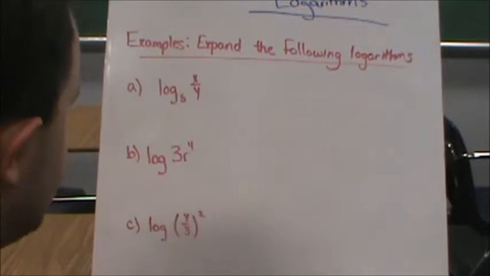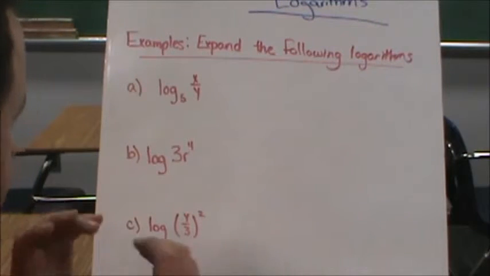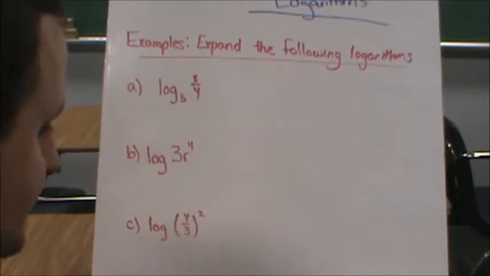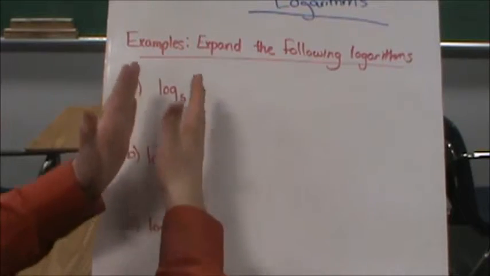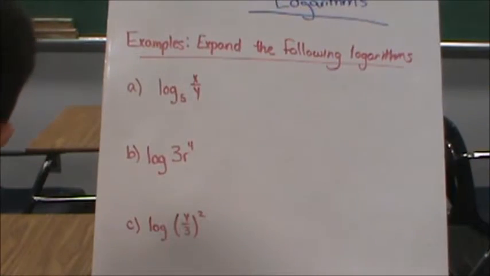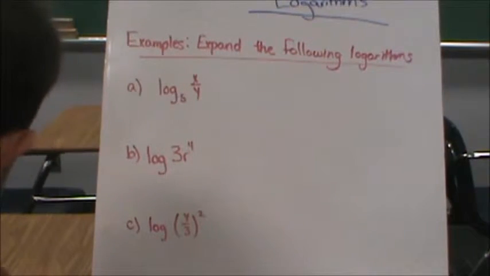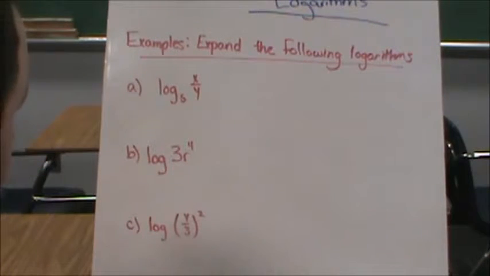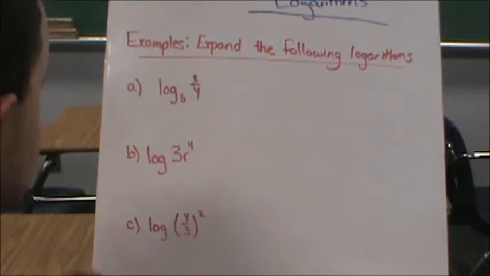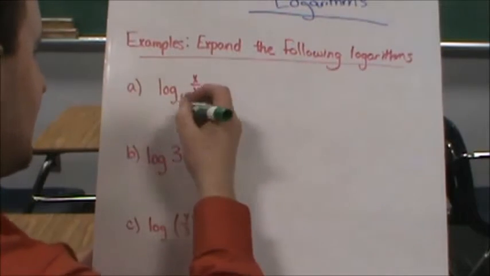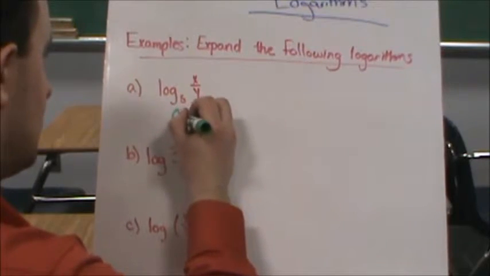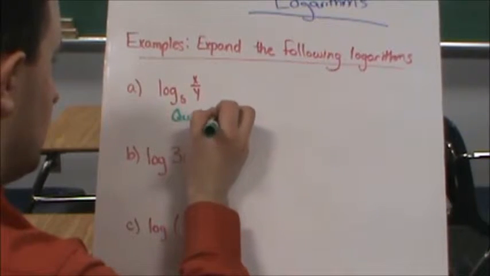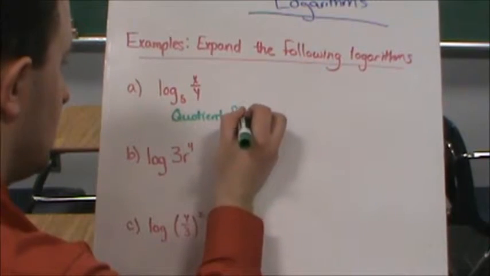In the last two examples, we wrote logarithms as a single logarithm. Now we're going to take single logarithms and expand them. And this is how you would go about doing that. Example A, you have log base 5 of x divided by y. Well, that x divided by y looks a lot like the quotient property.